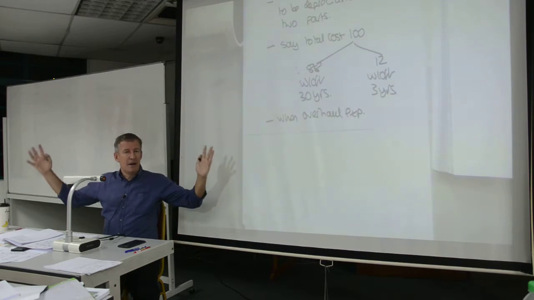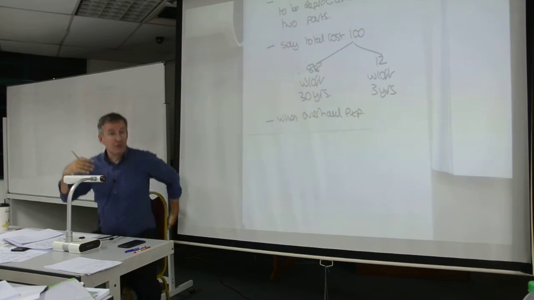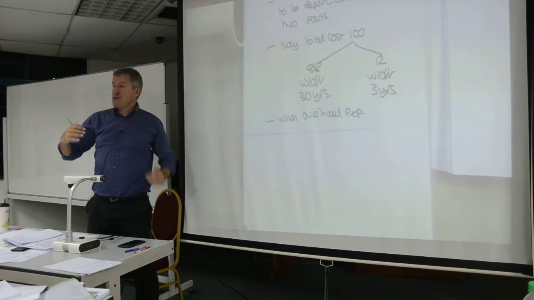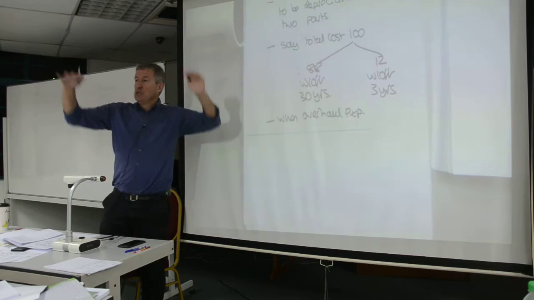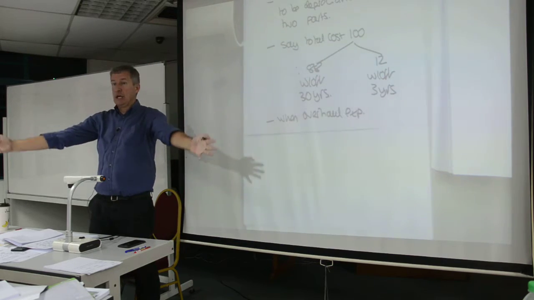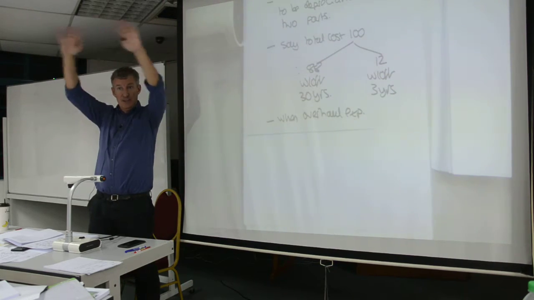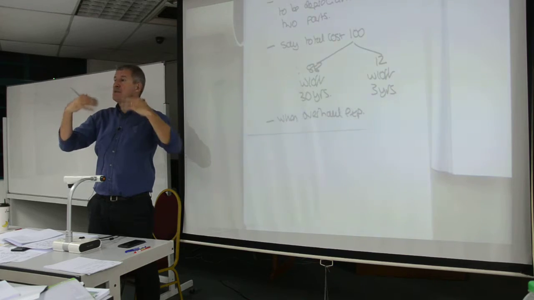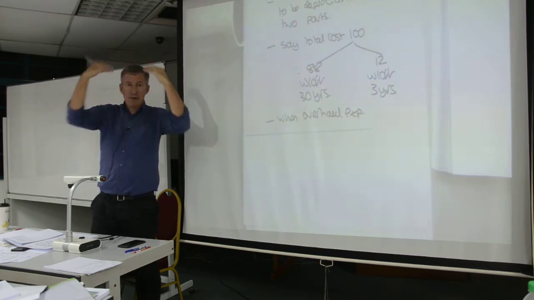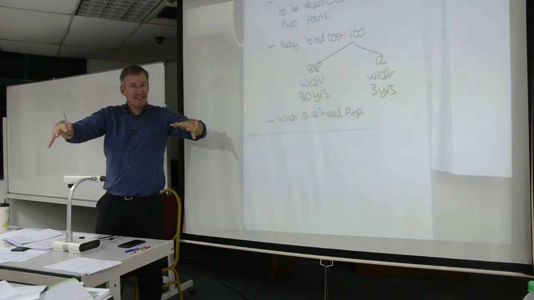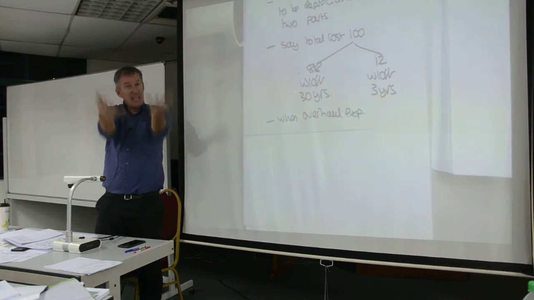Imagine it's a cinema, and what you want to do with the cinema is every 3 years reupholster the seats, put the carpets in. So you buy the cinema brand new, and you've got the cost of the cinema, but you know that every 3 years you're going to have to replace the seats, replace the bulbs, replace the carpets. So give it a major overhaul.